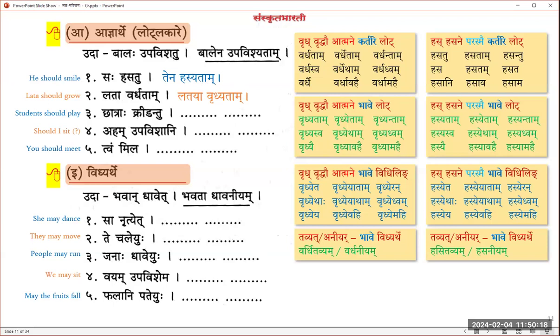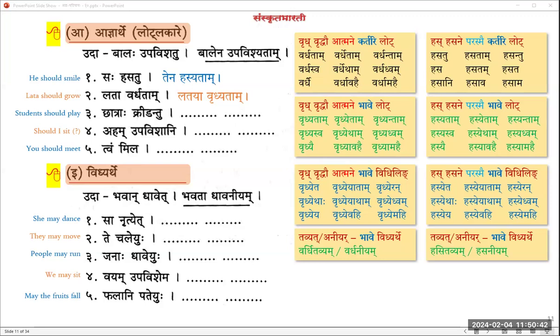Let me check. I'm going to go to Ashtadhyayi right now. I wonder what the textbook answer is. Some of you can check, but I'm going to go to ashtadhyayi.com and check. Sorry, just give me a few minutes while I check.